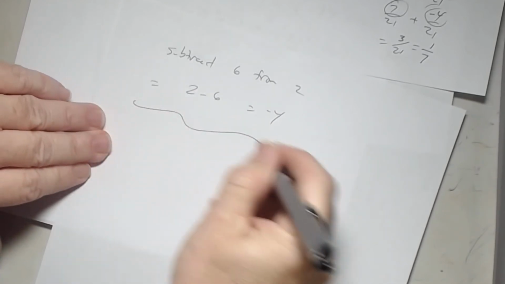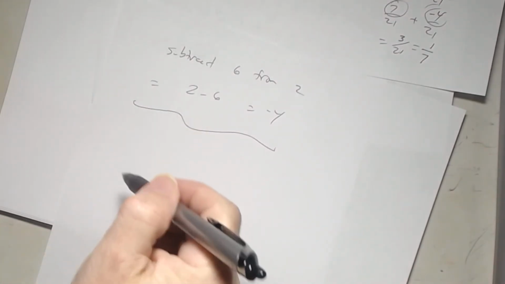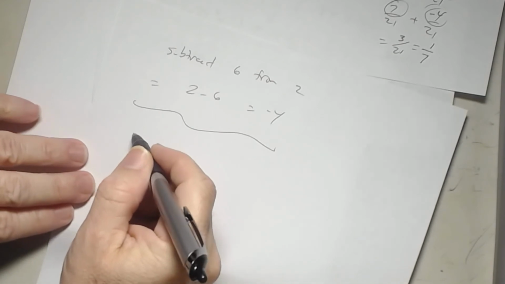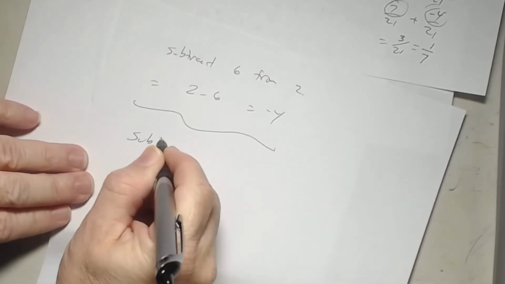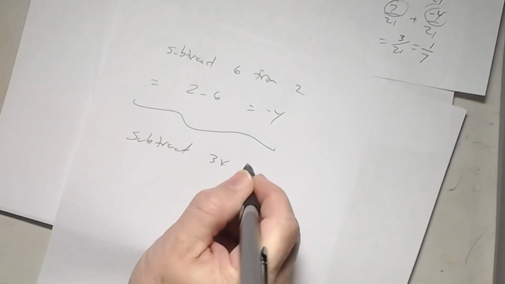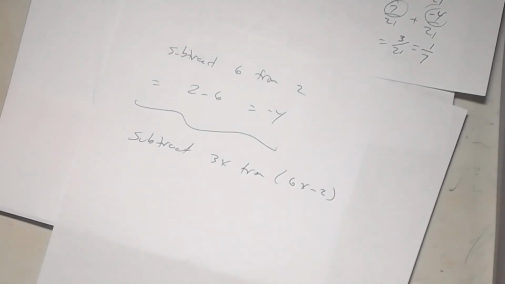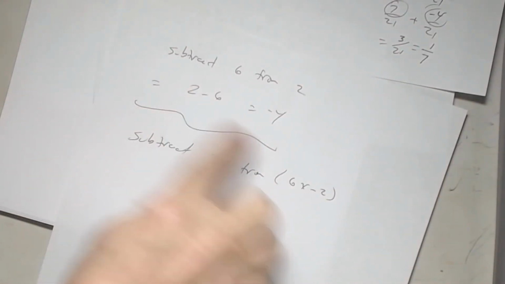Negative 4. So what we're going to do, because I want to go into graphing linear equations for the remainder of the period, is do the rest of this next class period. But basically it's going to look like this. I'll say subtract, let's say, 3x from 6x minus 2. That's what we're going to look at. It's going to be the same way.